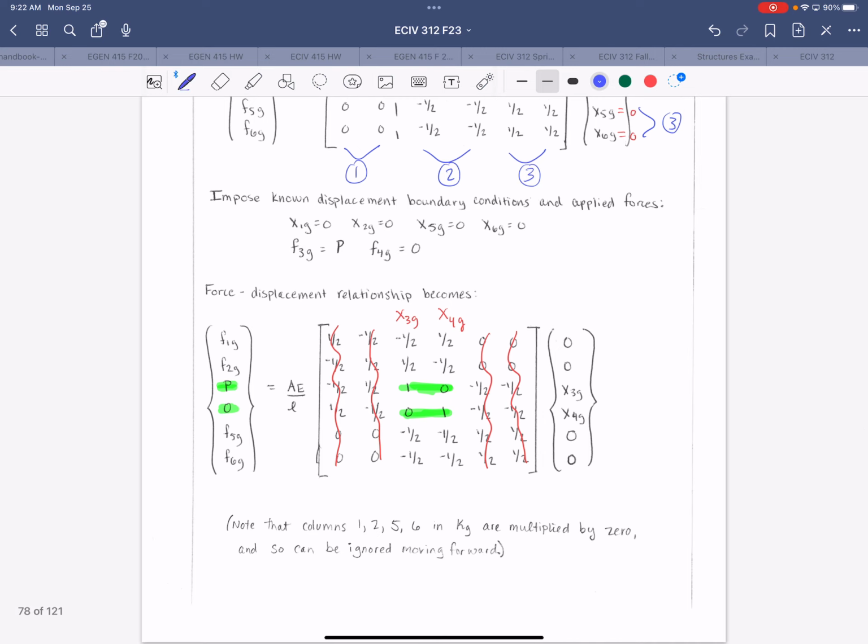Our second partition will consist of the remaining rows, so we'll piece together rows 1, 2, 5, and 6.